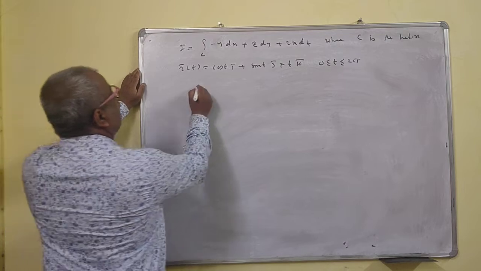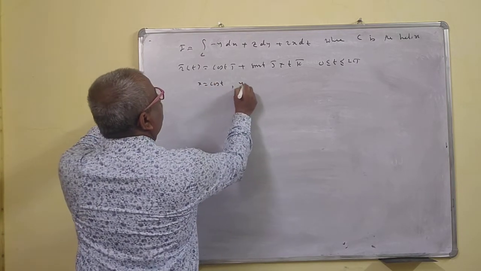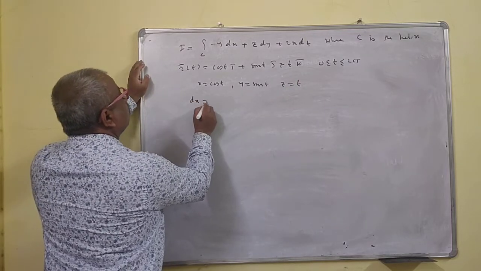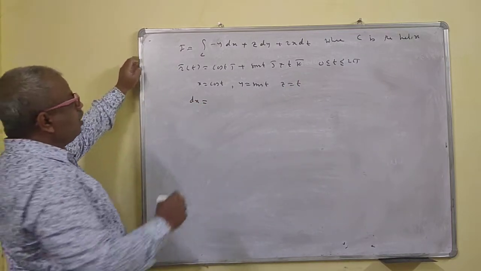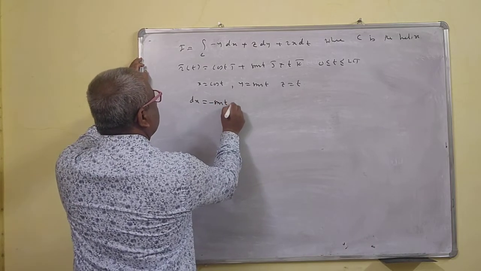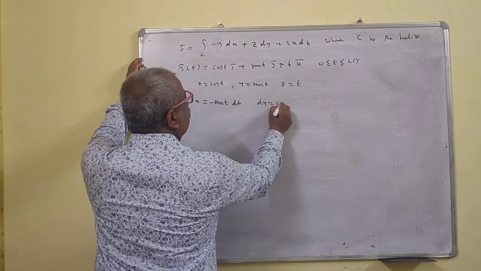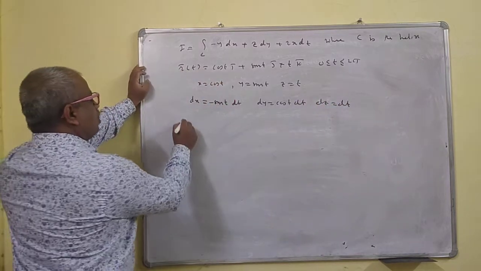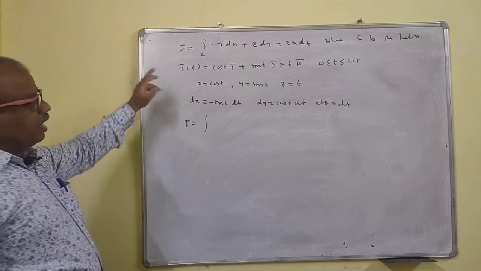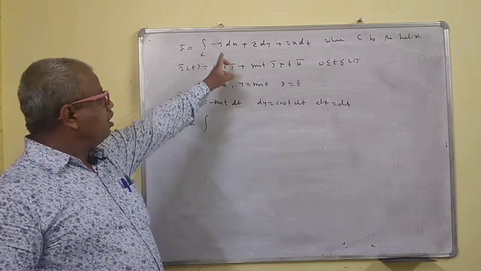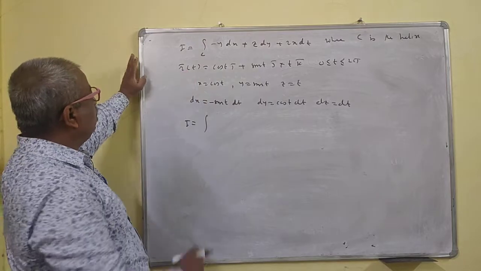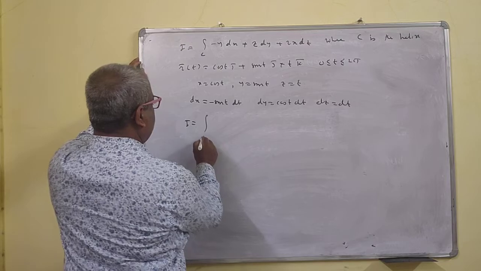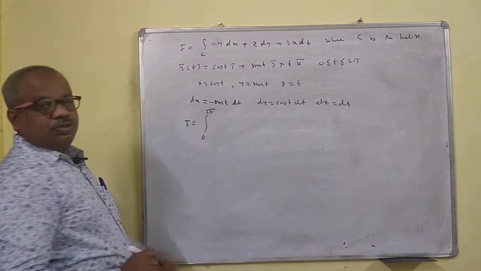Here x is cos t, y is sin t, z is t. Now we find dx: dx is minus sin t dt, dy is cos t dt, and dz is dt. Therefore we put the values of x, y, z and dx, dy, dz in I. You can put the limits of t also, that is 0 to 2 pi.